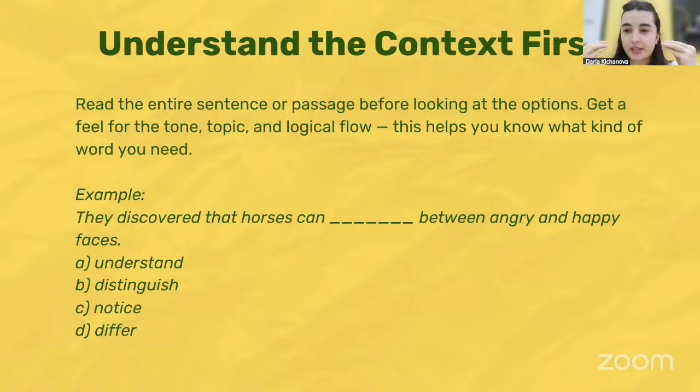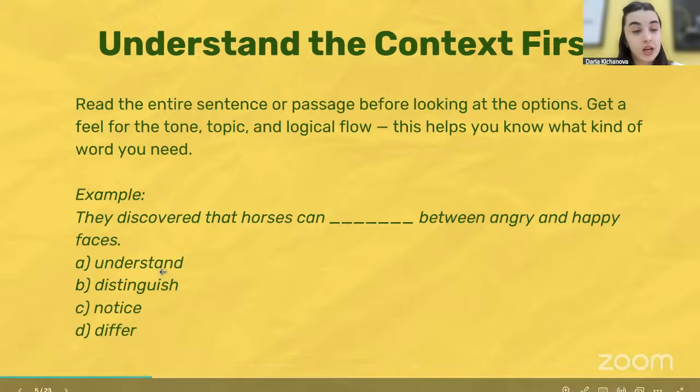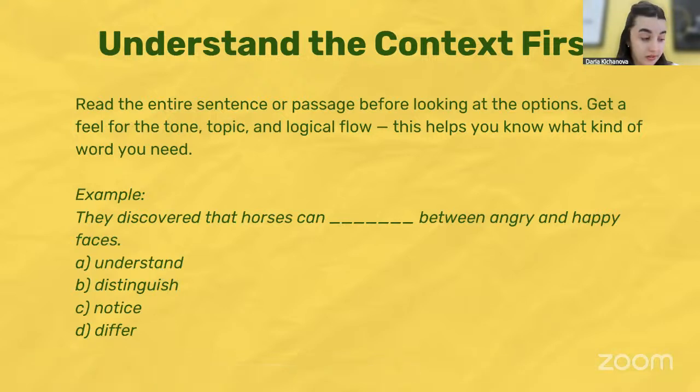You already see what is needed, and only then you go to the options and find the correct one. Now I want you to write the correct answer in the chat and we'll see what we have. And then I will, of course, explain why we use this or that option.